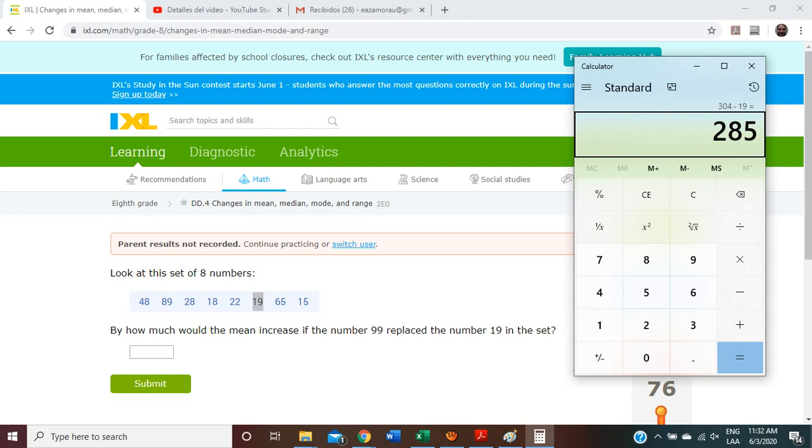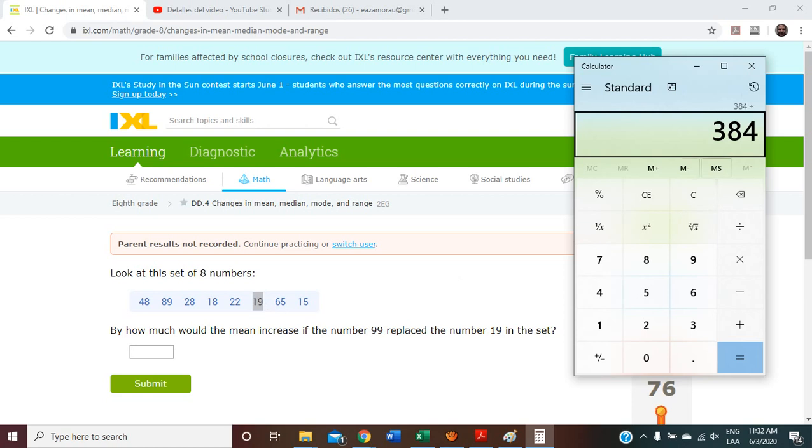To this addition, I am going to add 99, which is the new number. You could do it the other way if you feel more confident, adding all of these numbers and then just substituting this by a 99, and the result is going to be the same.